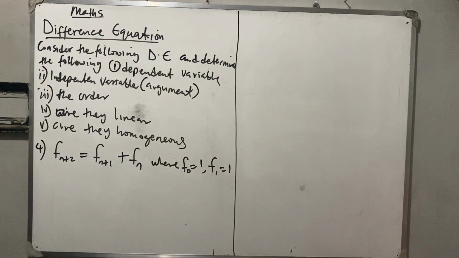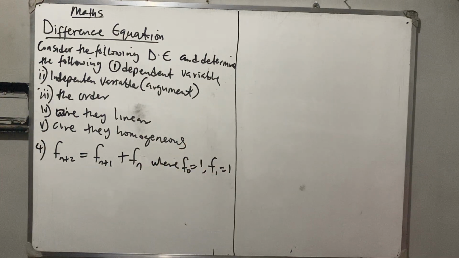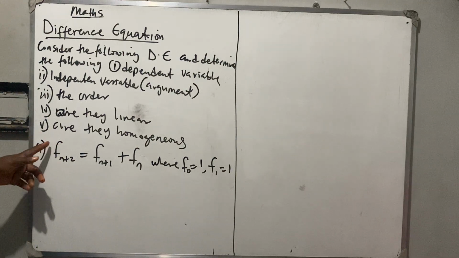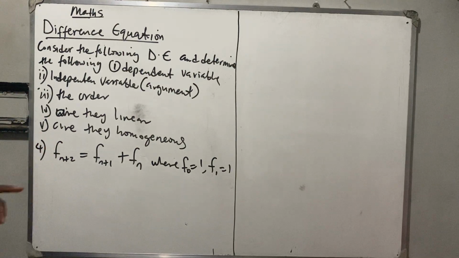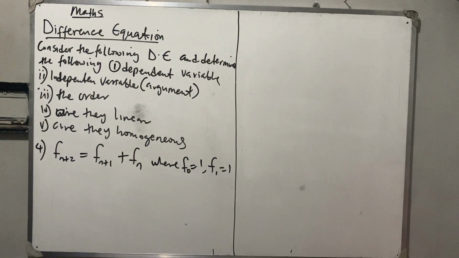Okay, so let's look at this. We are not interested in solving it. We just want to answer all these questions. So first of all, what is the dependent variable, the big one? So f is depending on n. So f is the dependent variable. n here is the independent variable or the argument.